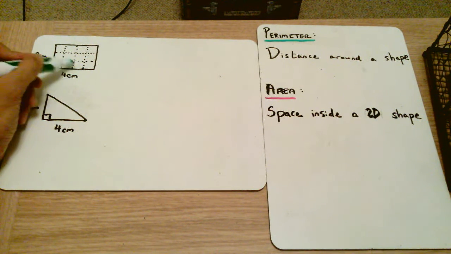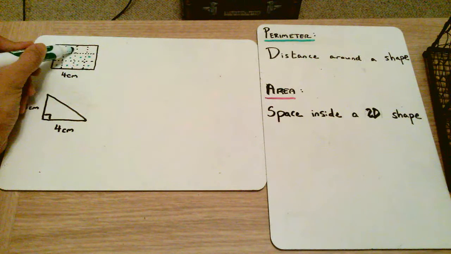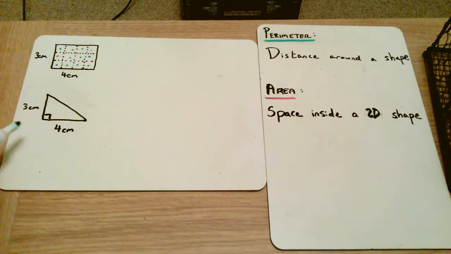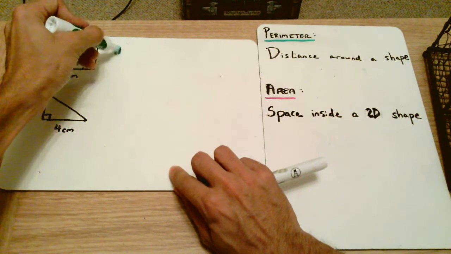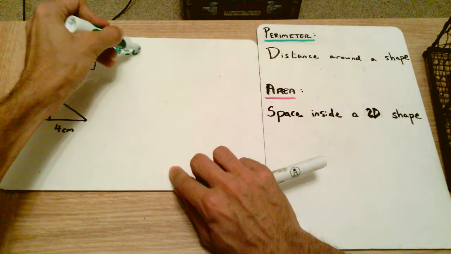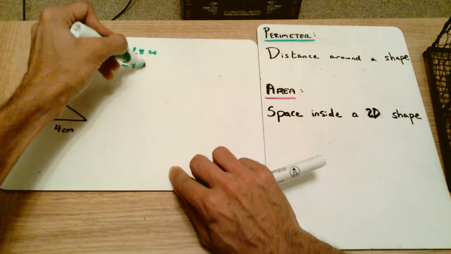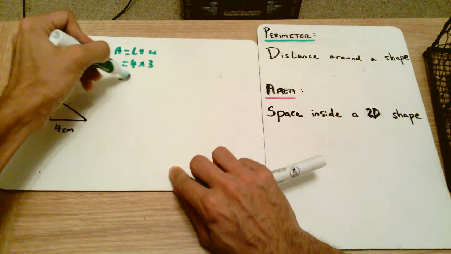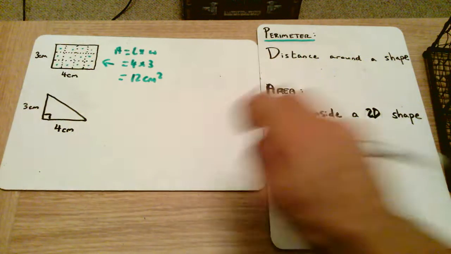We have 1, 2, 3, 4, 5, 6, 7, 8, 9, 10, 11, 12 centimeters squared, which we obtained for the area of a rectangle by multiplying the length by the width, which gave us 4 times 3, which was 12 centimeters squared. So that was for the rectangle.